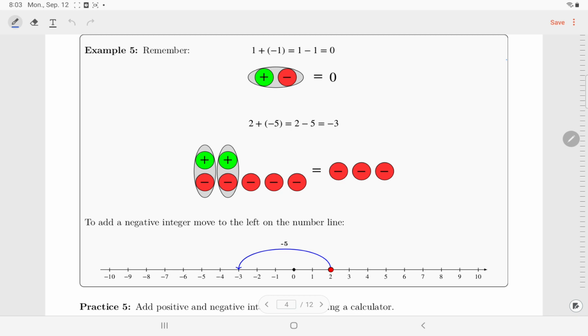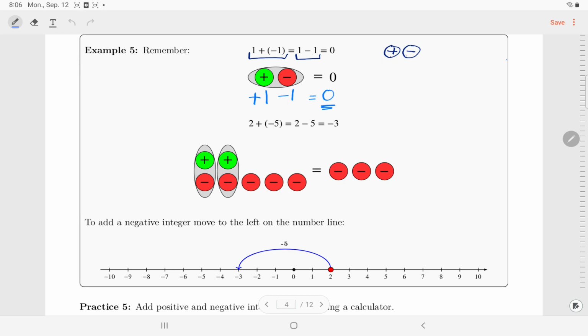When adding positive and negative integers, we must remember that positive 1 plus negative 1 will always equal 0. You see once again that 1 plus negative 1 is the same as 1 minus 1.